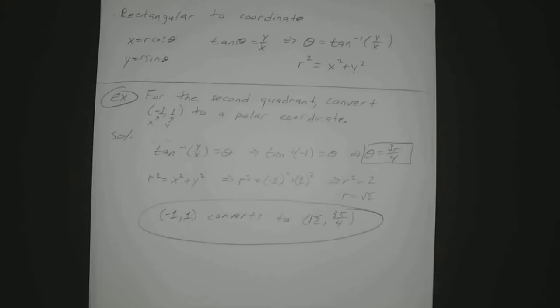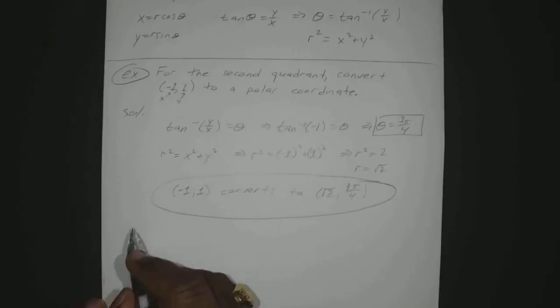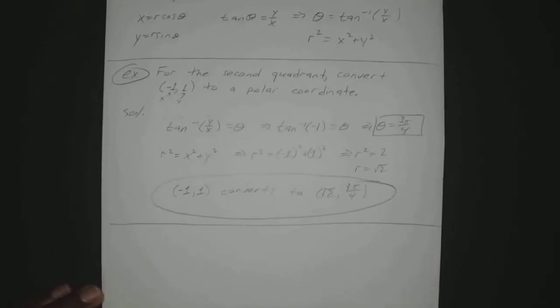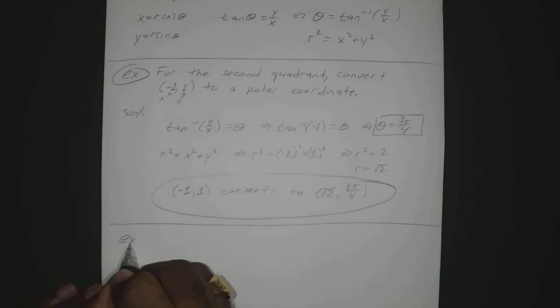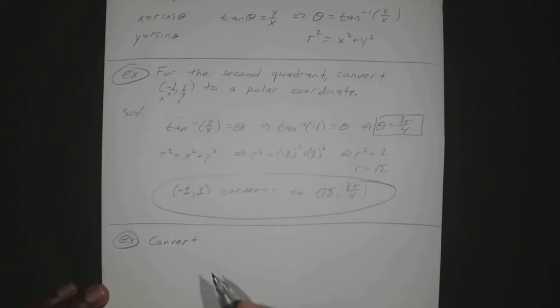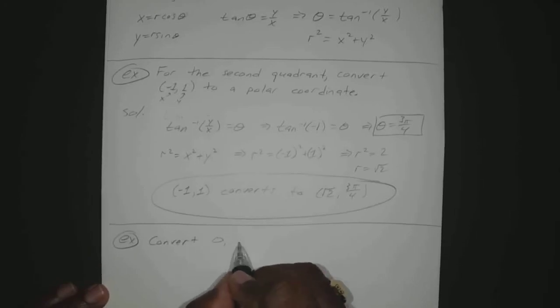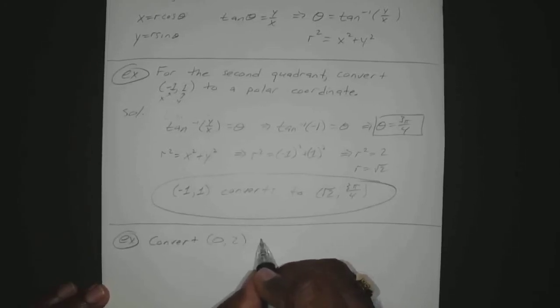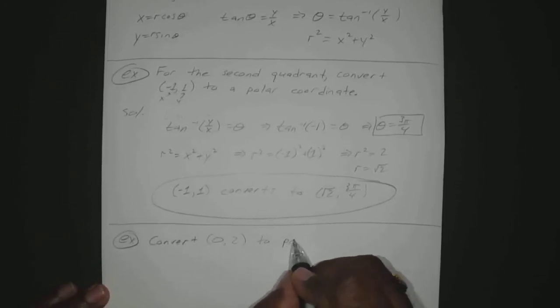Okay. Now you do have some that you can actually solve without using this. So let's say you have, for example, convert 0, 2 to a polar coordinate.